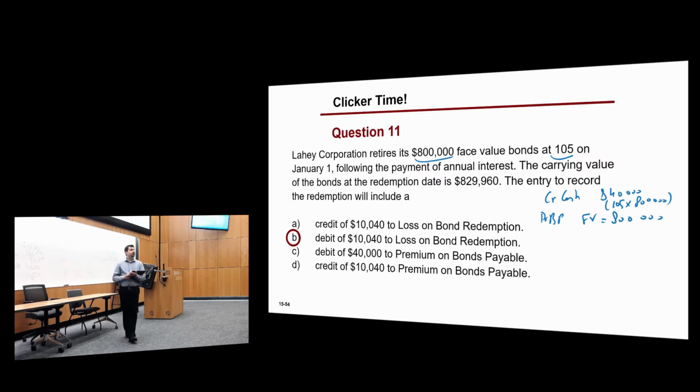So the difference between the carrying value and face value: if carrying value minus face value is positive, that's a premium.